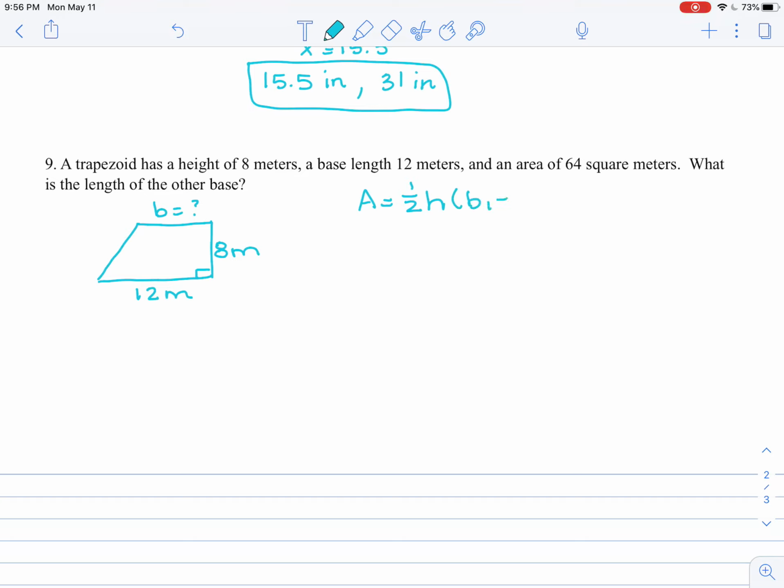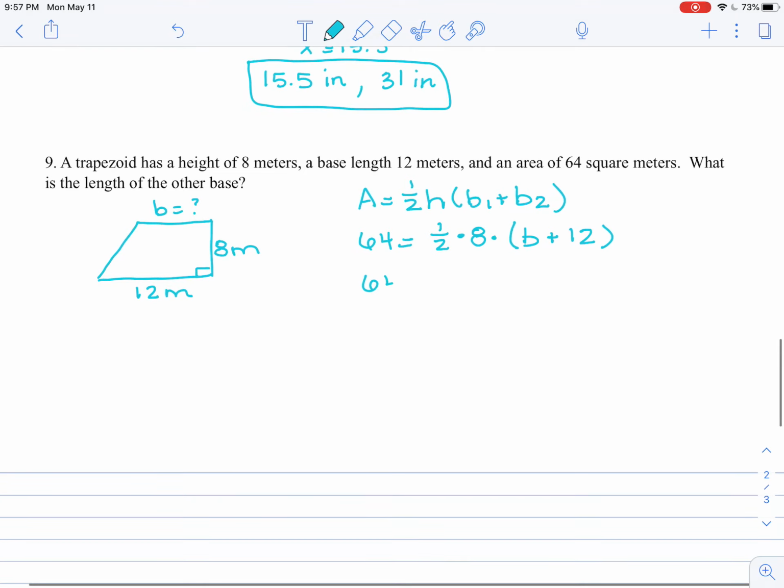Area of a trapezoid is 1/2 times the height times base 1 plus base 2. When we plug in what we know, 64 equals 1/2 times 8 times one base we're looking for, so we'll just call that B, plus the other base we know, which is 12. 1/2 of 8 is 4.